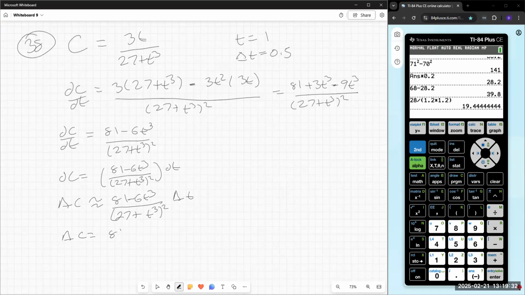So that's 81 minus 6 over 27 plus 1 raised to the second. And delta t was 1/2 or 0.5.